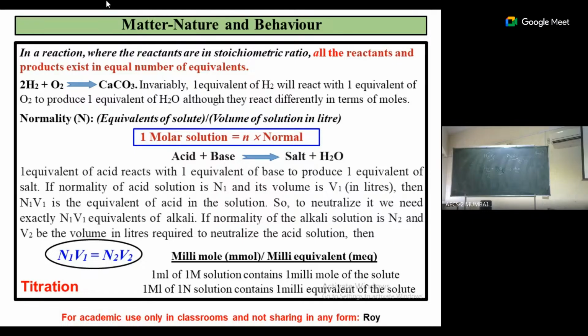You are doing millimole or milli equivalent representing 1 milliliter. So 1 milliliter of the solution, if it is 1 normal, will produce 1 MEQ. Similarly, if a 1 molar solution is present in 1 ml, you will get 1 millimolar. So the milli concept is being introduced because we handle solutions in terms of ml and not in liters.